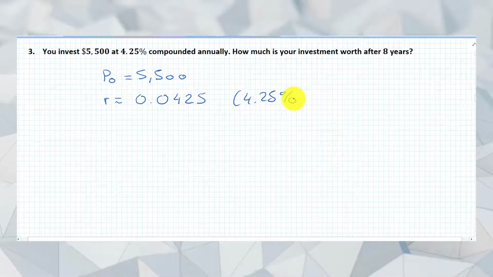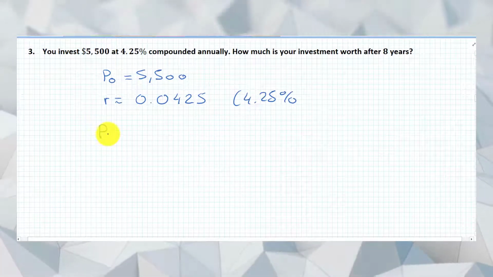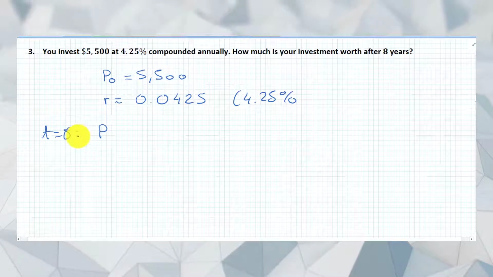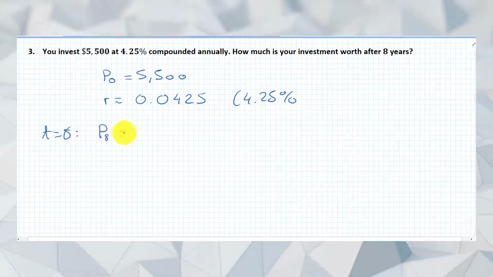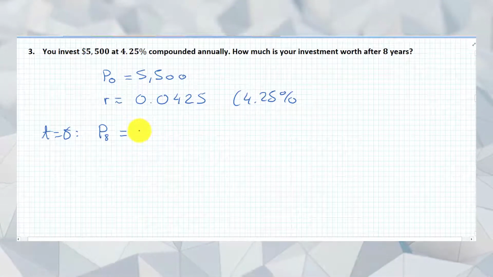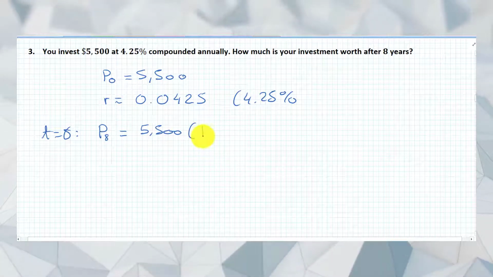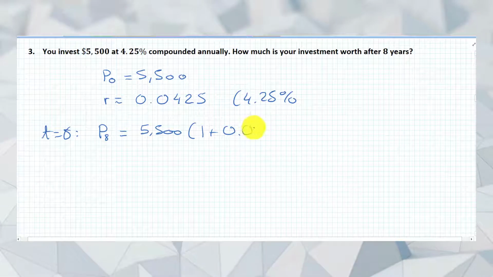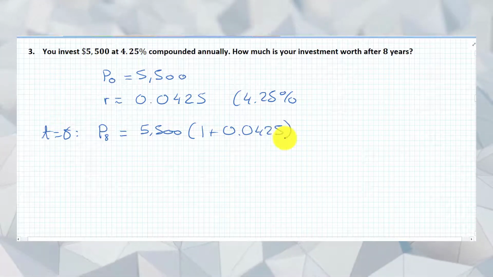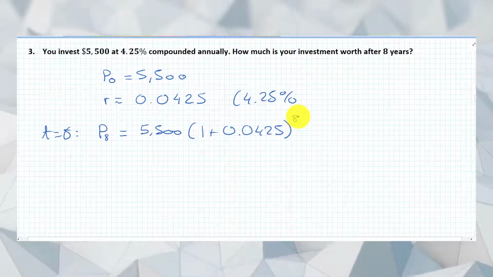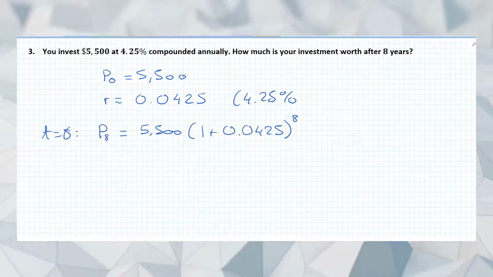All right. And so in 8 years, T equals 8 in this case, right? And so we have P sub 8 equals, so what is it? It is 5,500 times 1 plus 0.0425 to the power of 8. All right. So now let's take the calculator to compute it.